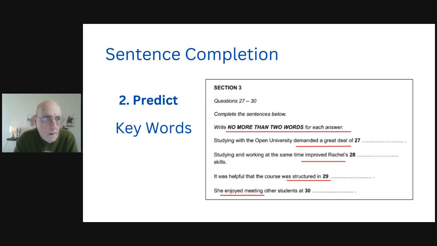So we're also going to be listening for past tense, and we're going to be listening for probably a noun and adjective. So as we underline our key words, this gives us the best hint and the best possibility of answering correctly.